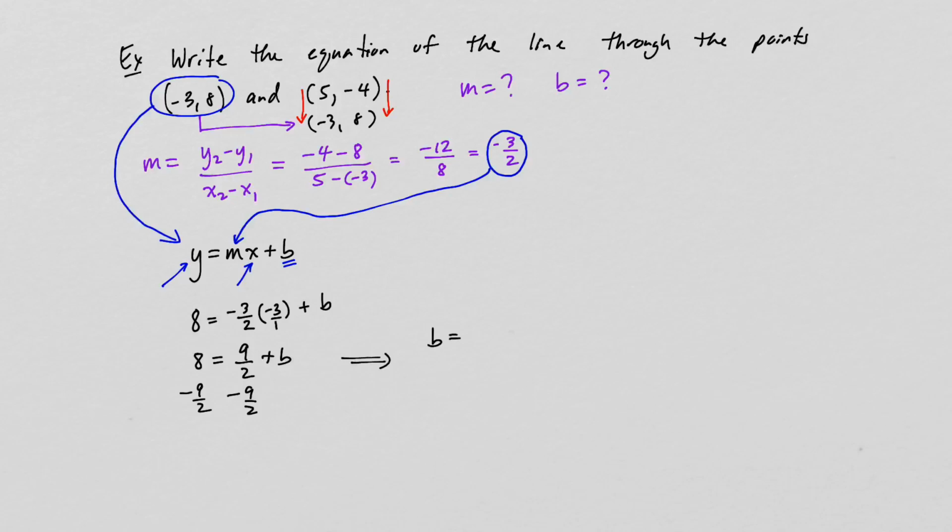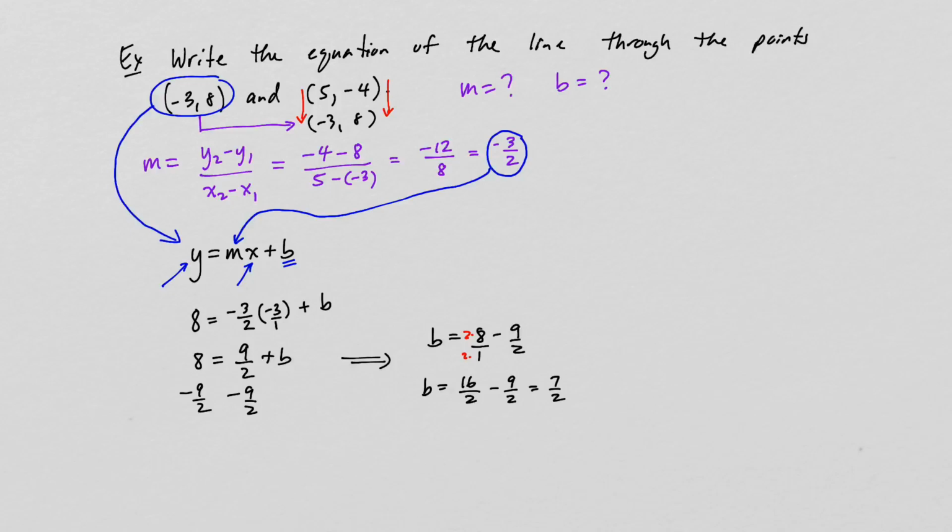And so that gives us b equals 8 minus 9 over 2. Now you can do this on a calculator if you want, but it's not that difficult to do by hand. So I'm going to change 8 to be 8 over 1. And if I multiply the top and bottom by 2 here, that gives us 16 over 2 minus 9 over 2, which is 7 over 2.